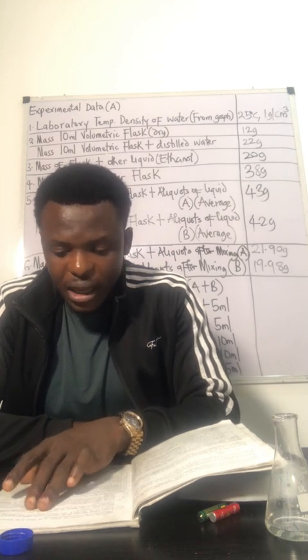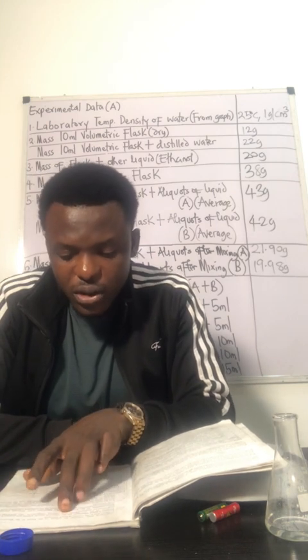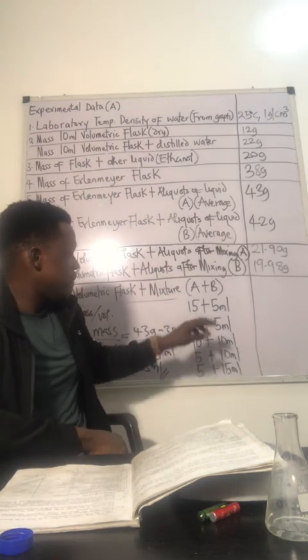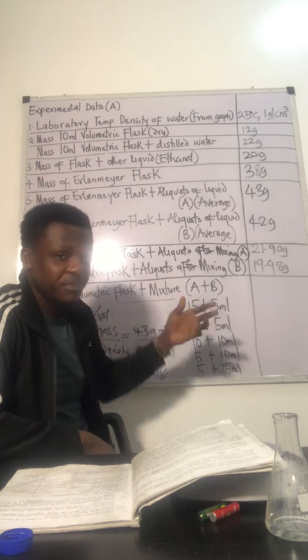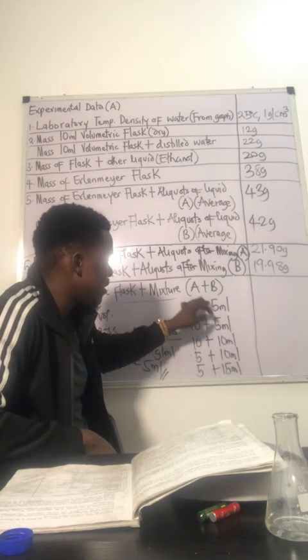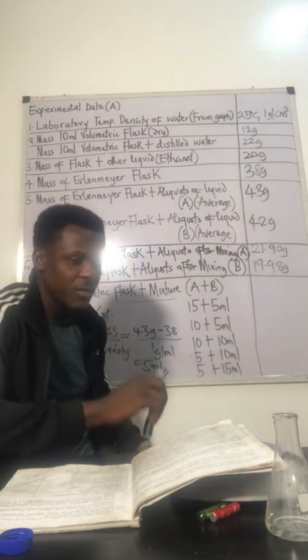Now these are the 2 liquids, A plus B, as mixtures. So in the first suggestion, they said take 15 of A and 5 of B. Okay, now listen.